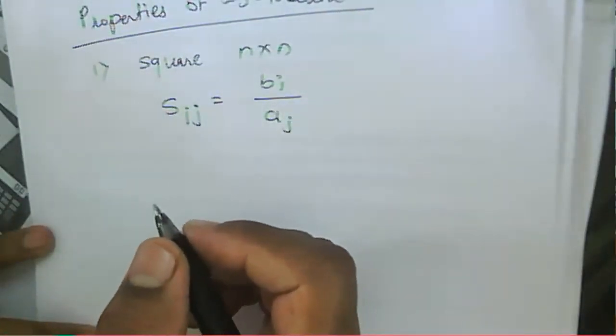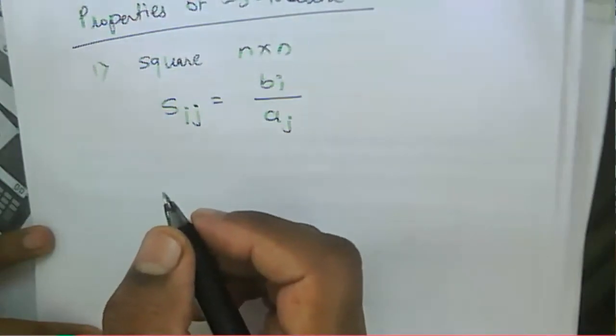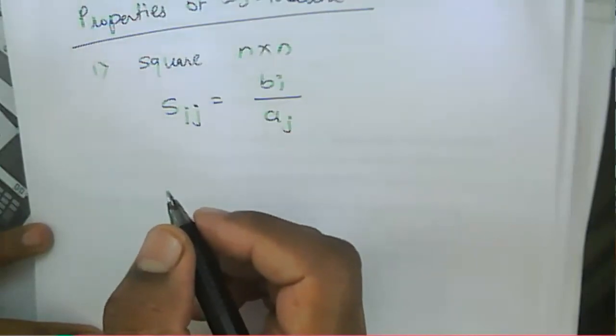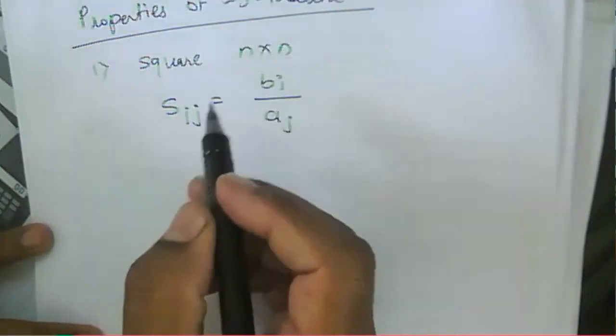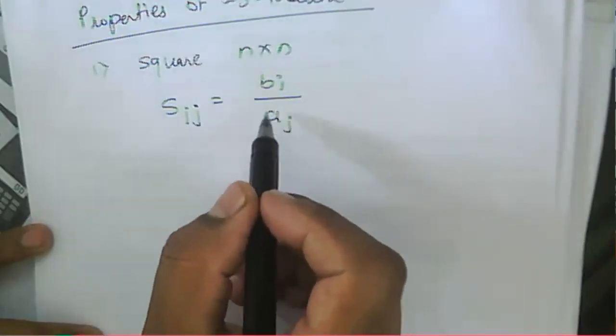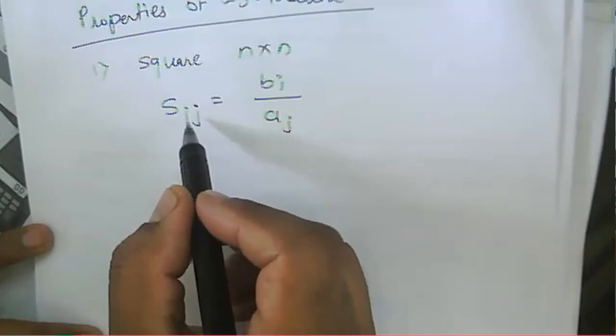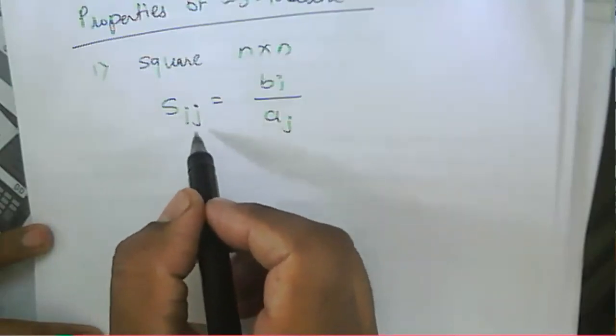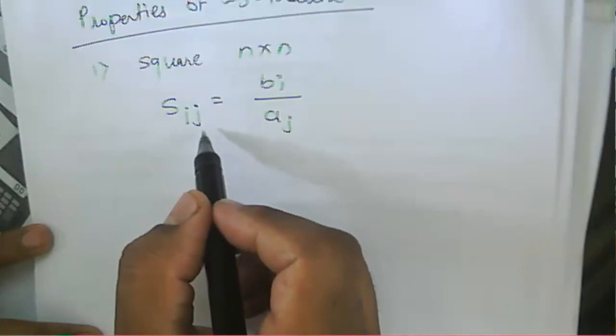In this, i represents the port at which we are getting the output, and j is the port at which we are providing the input.